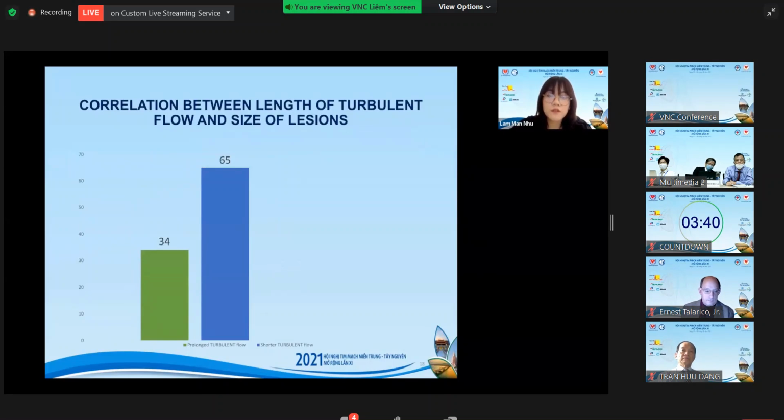If there was a turbulent flow lasting more than 0.3 seconds, which is 5 images, then at the stop line, the chance for severe lesions was high at 34%. If there was a shorter turbulent flow, the lesions were less severe, about 65%.